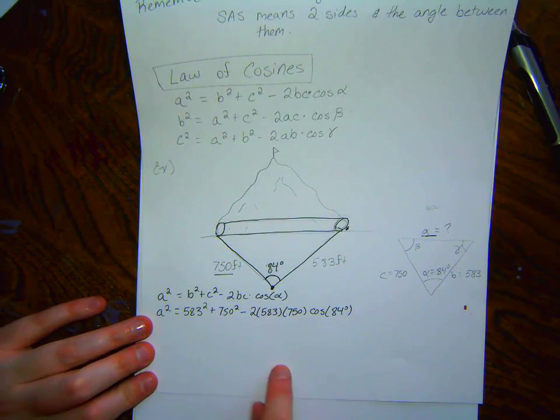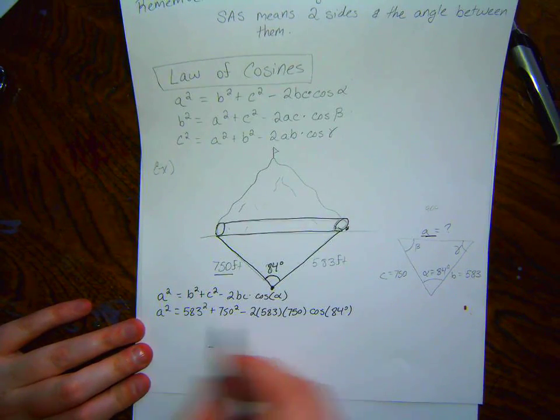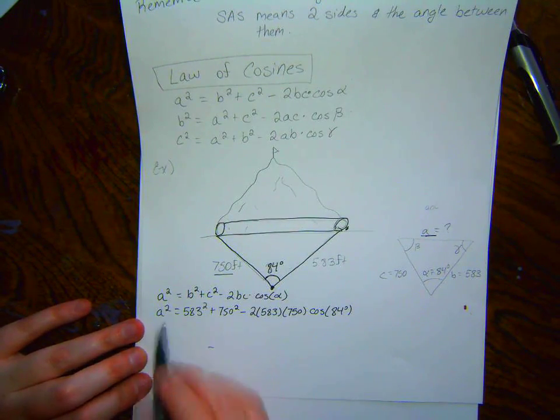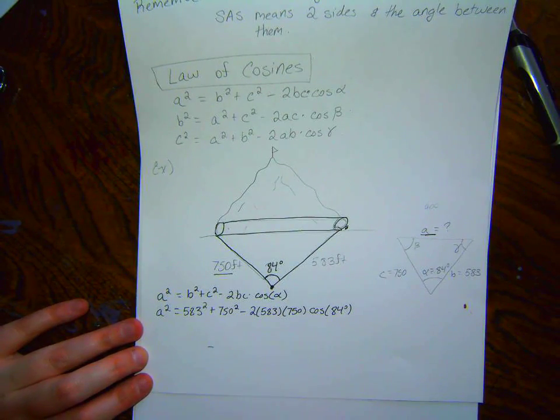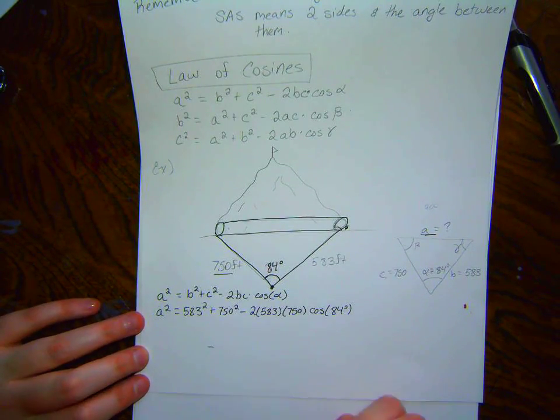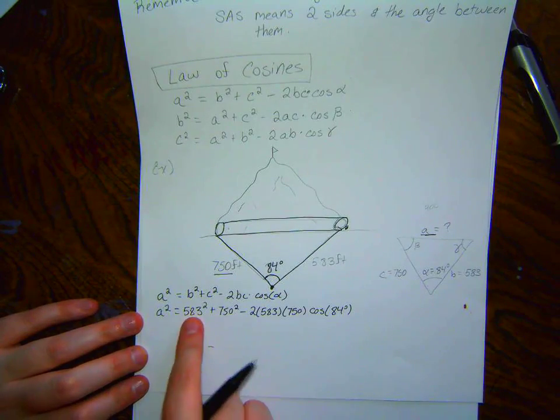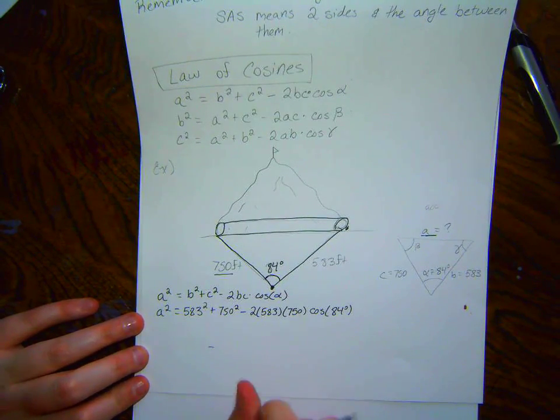Now when you solve this and get down to the bottom, you're going to get a very large number. Don't forget to take the square root. Take a minute, work this out on your own, pause the video, get your answer. I'm not going to be working this out right here. I feel like you guys can add, subtract, multiply pretty well.